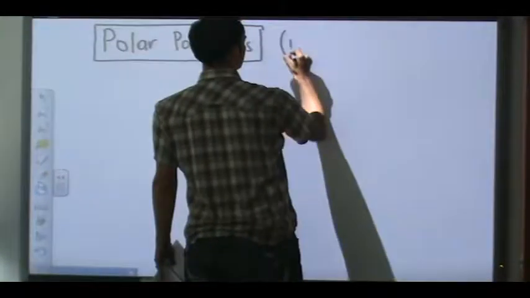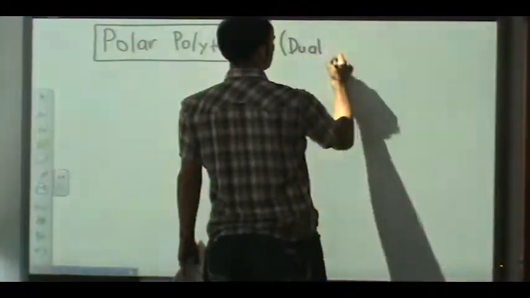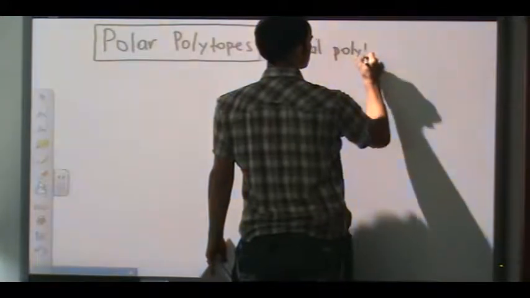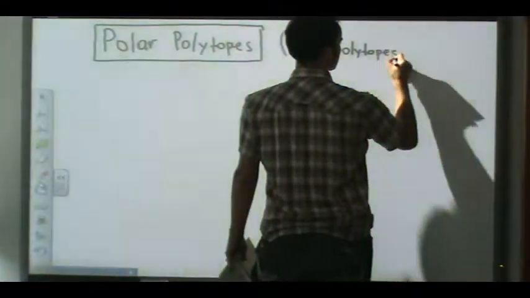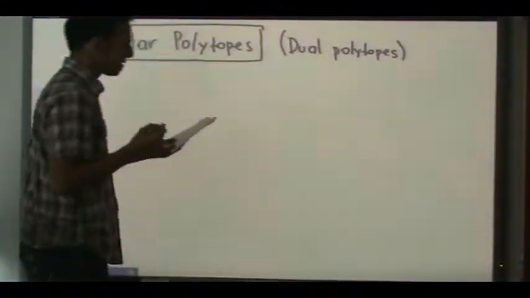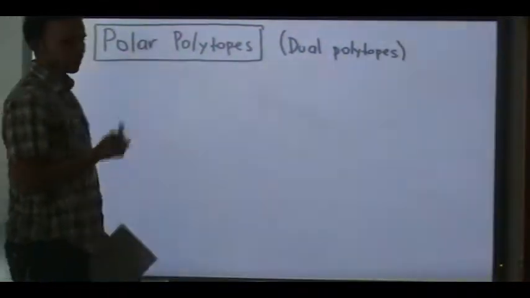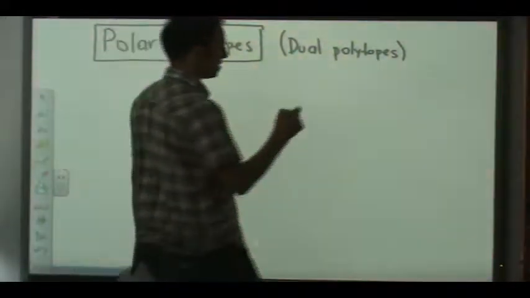So these are also called dual polytopes. The motivating example we already discussed.